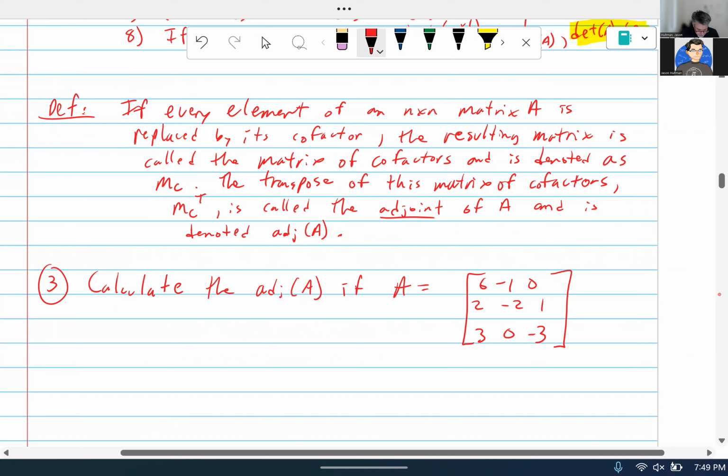Okay, remember that the cofactors are the signed minors. So we have plus, minus, plus; minus, plus, minus; and then plus, minus, plus.